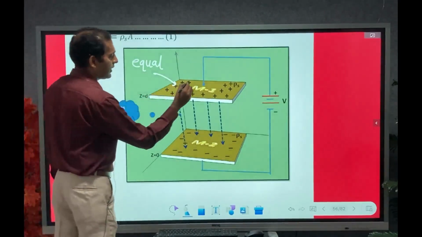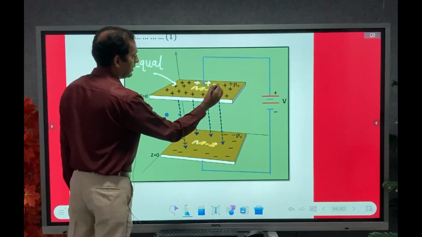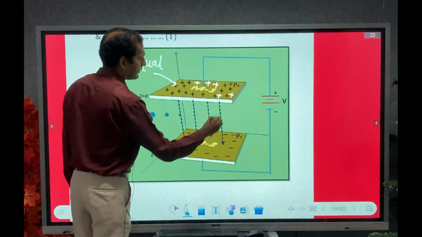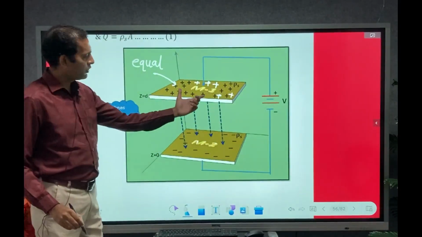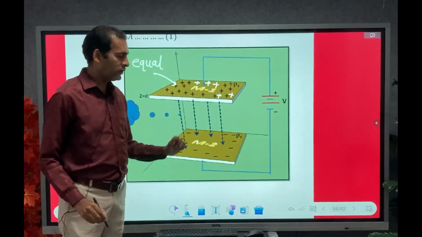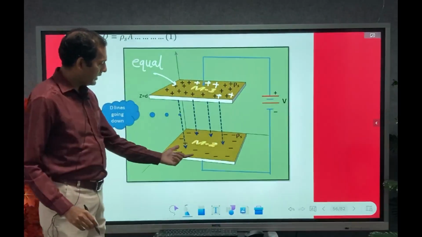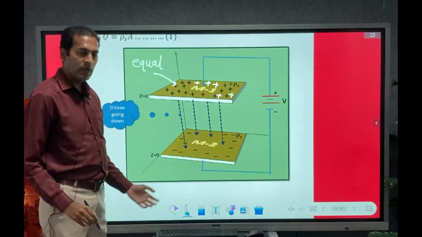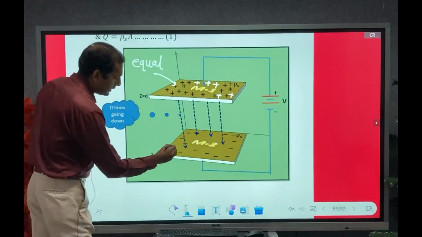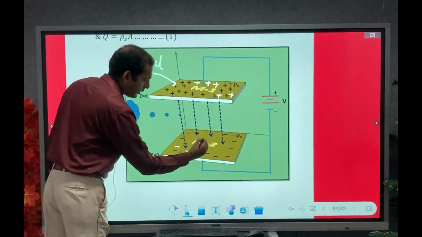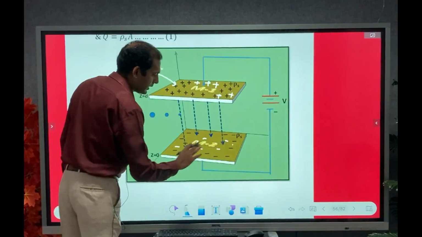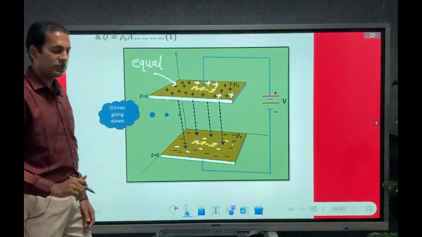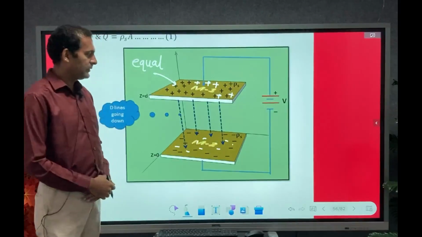That means everywhere the charge density is the same. So we have a positive plate with all the positive charges. There is a bottom plate where we have all the negative charges, also equally distributed.